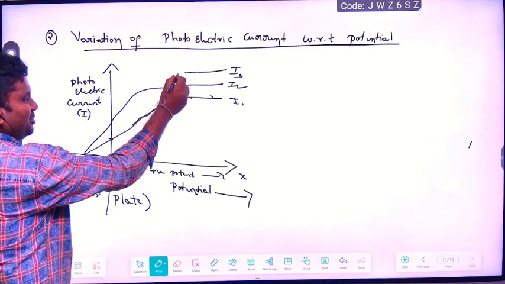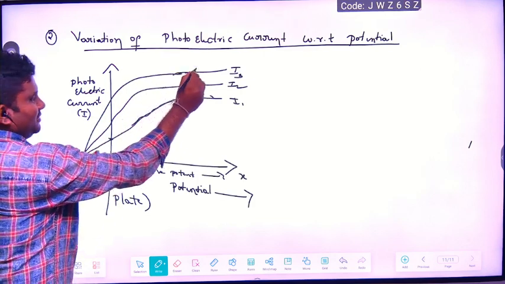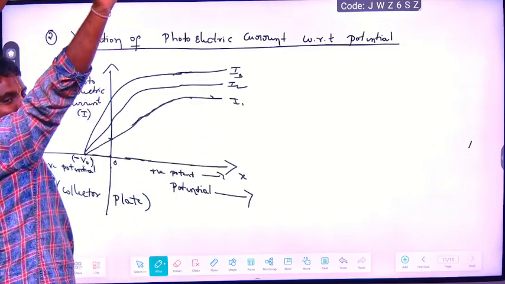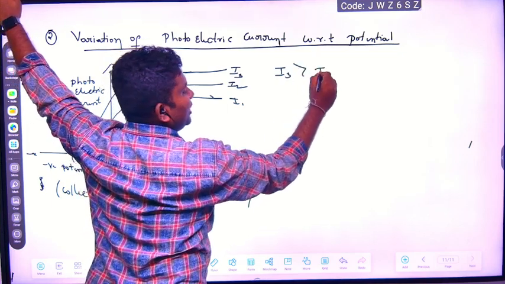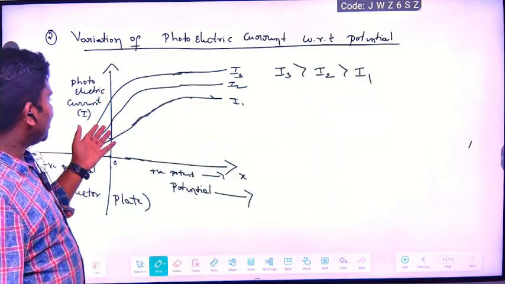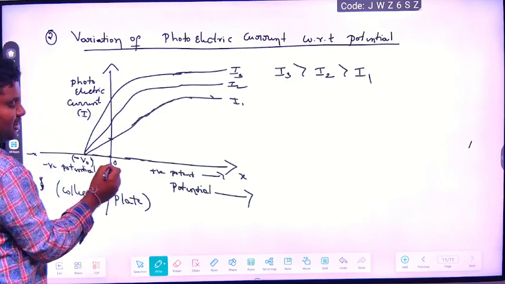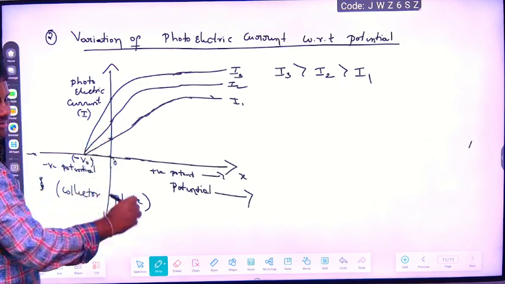For this also the stopping potential is the same. As intensity increases, the photocurrent also increases. I3, the intensity of the third light ray, is greater than I2, which is greater than I1. Photocurrent is also maximum. Even if the potential is zero, the photocurrent is still not zero. Still it will be there.